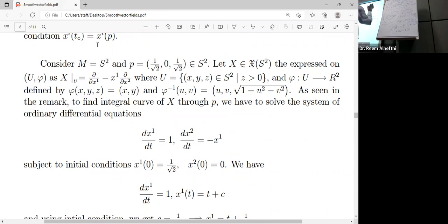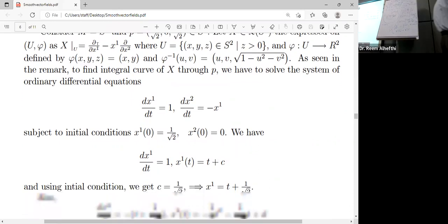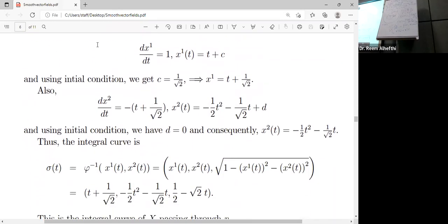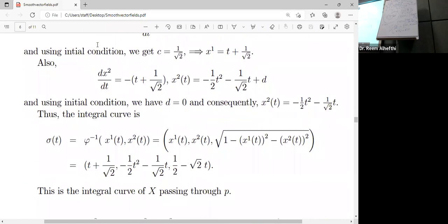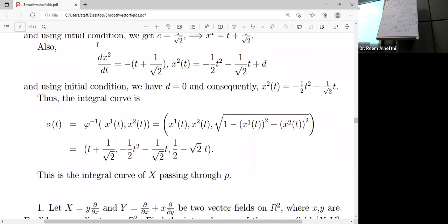So you found the solution on R2, coming back on the sphere. That will be phi inverse of sigma t, which is phi inverse of x1 t, x2 t, and you find that you found the integral curve. So you solve the system of equations. You found the integral curve of that given vector field passing through the given point.